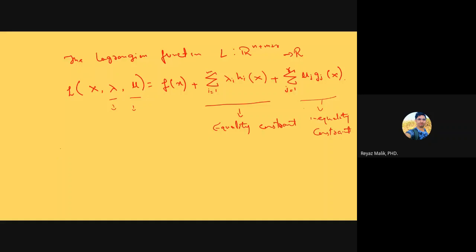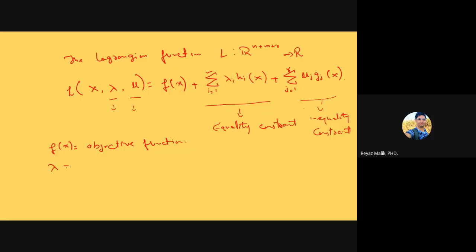So what we will write here, f of x is the objective function. Correct. Then we have lambda and we have mu.